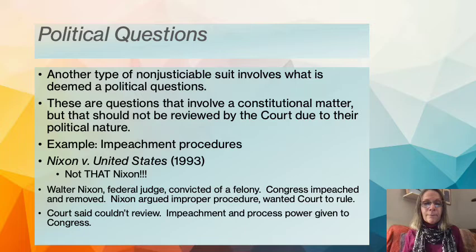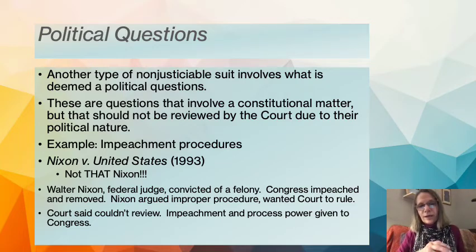They basically said that the impeachment and removal power is given to Congress in Article 1. So that's their power. They also said this is more of a political issue, and that if the court were to get involved, it would muddy things and bring about chaos, because anytime somebody was impeached, they would call upon the Supreme Court to settle the dispute around this political matter, a matter about the powers given to Congress.